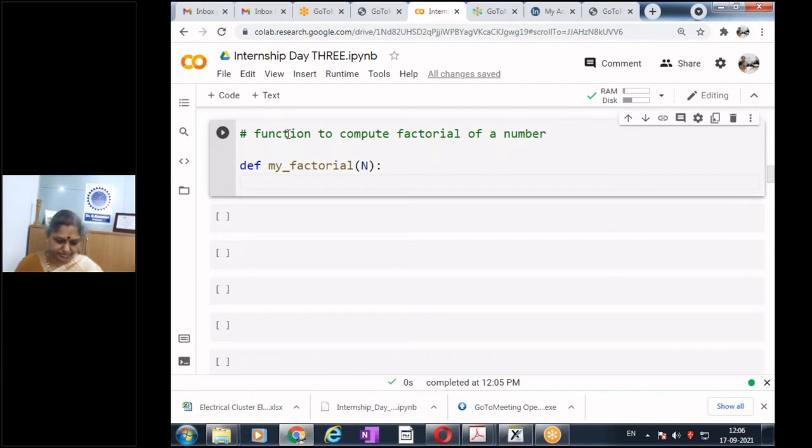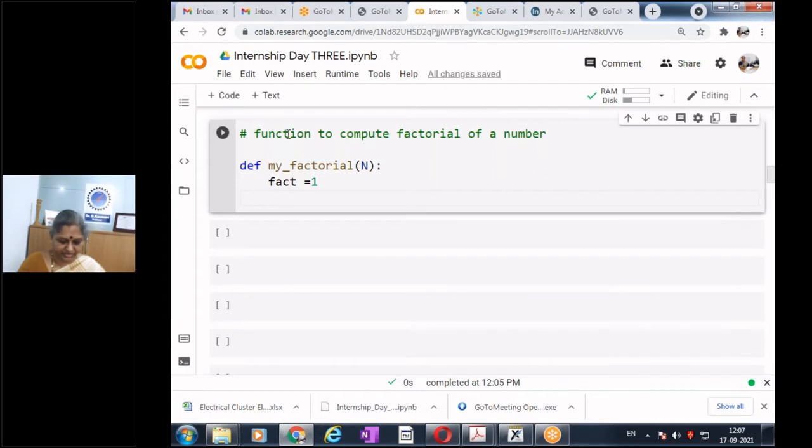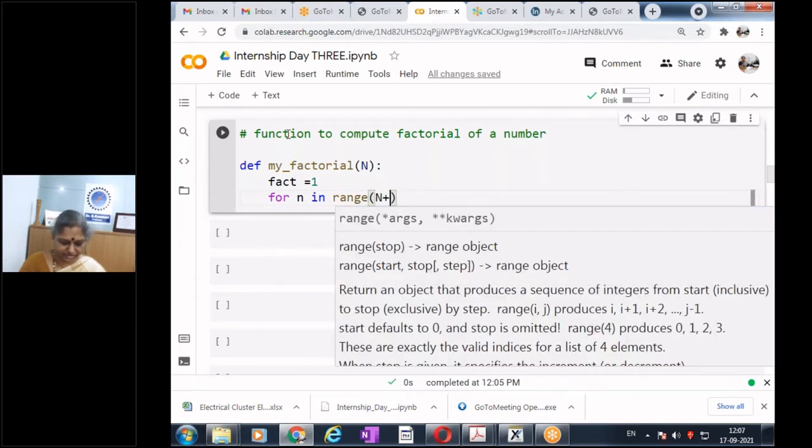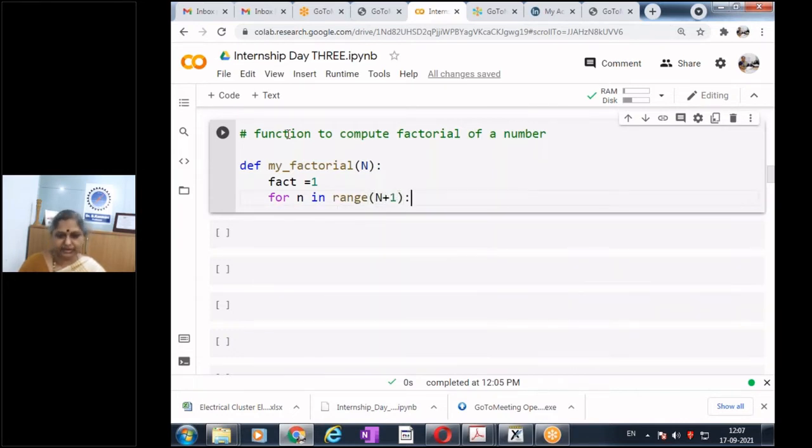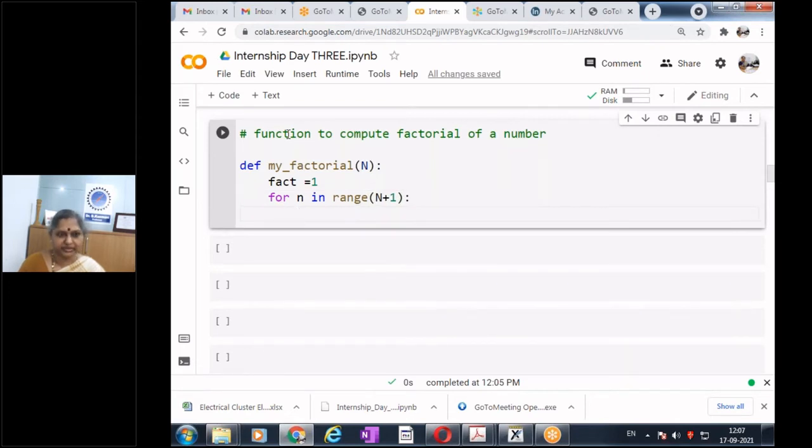Then what do I do? I will initialize my factorial to 1. Then for n in range, n plus 1. What is fact?